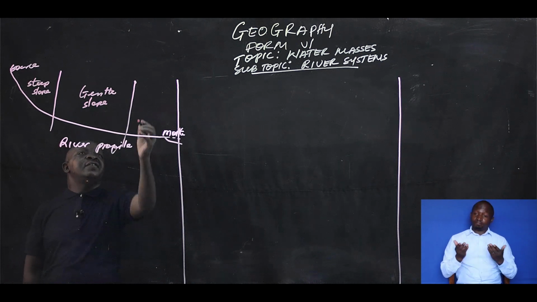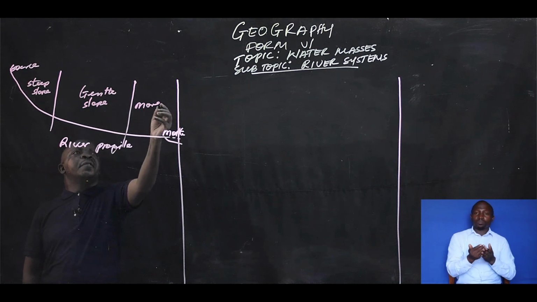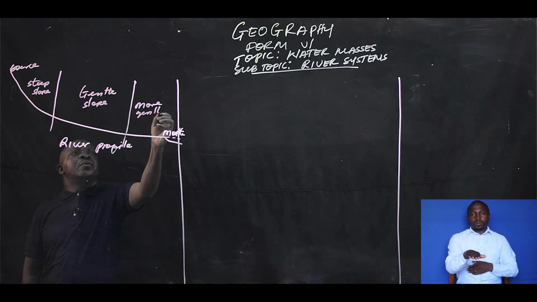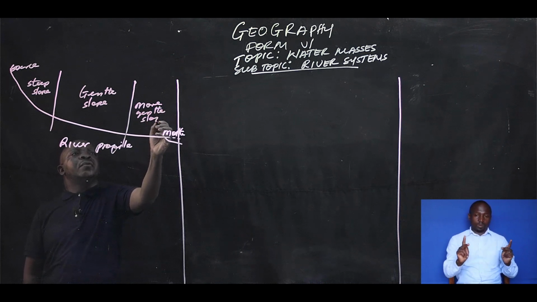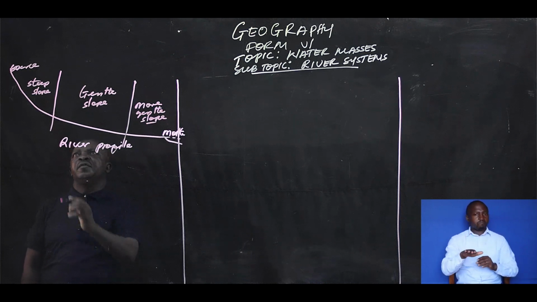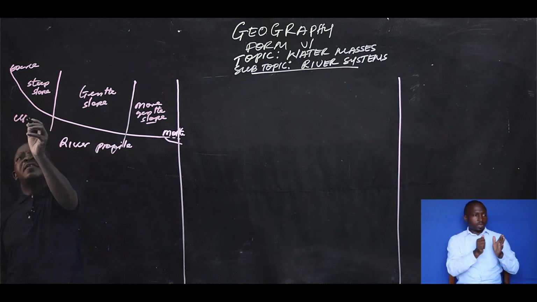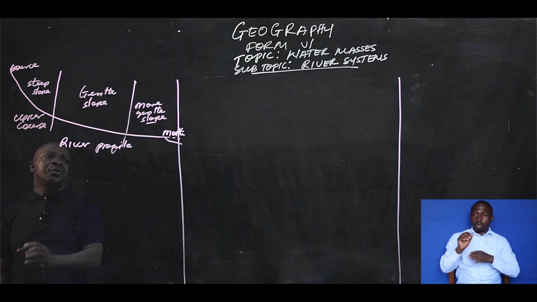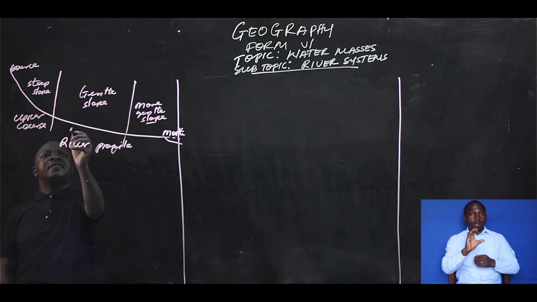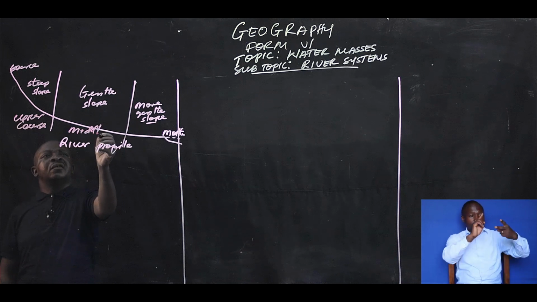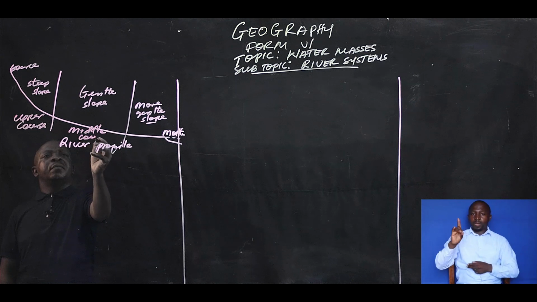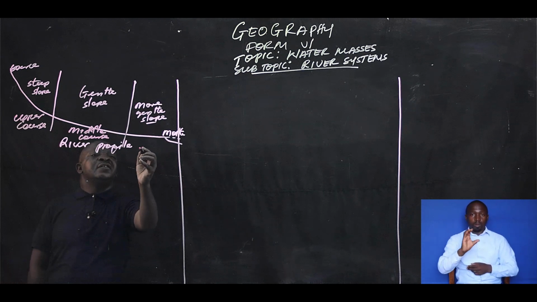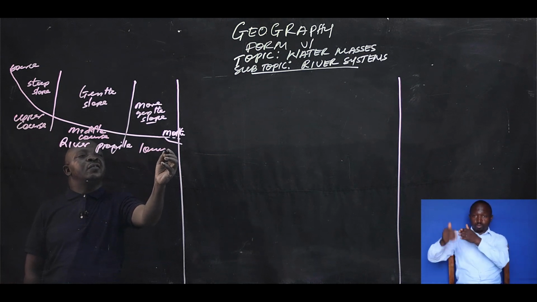And we have parts of more gentle slope. This is distinctively known as the upper course. This is distinctively known as the middle course. While this is distinctively known as the lower course.